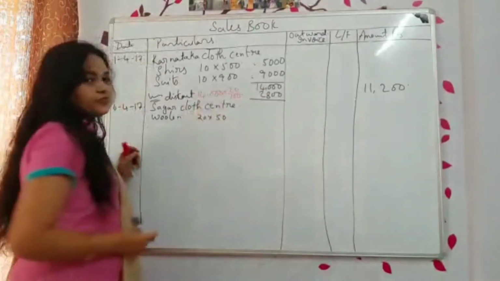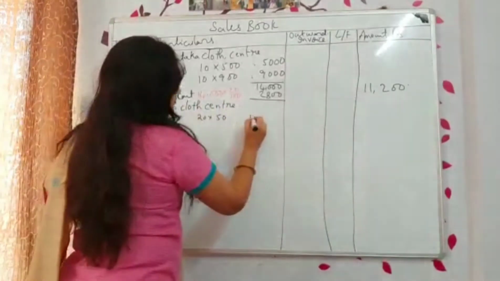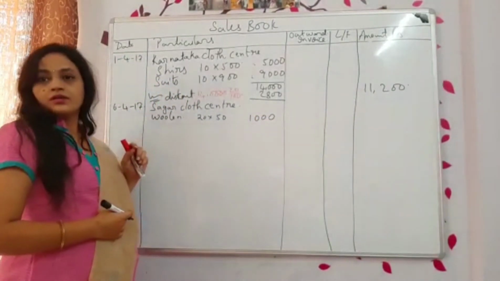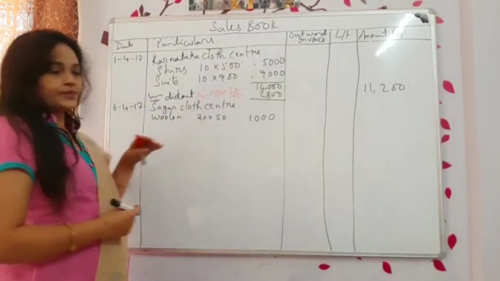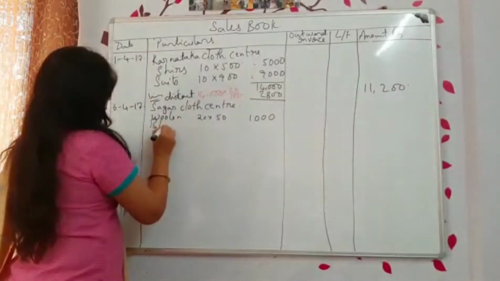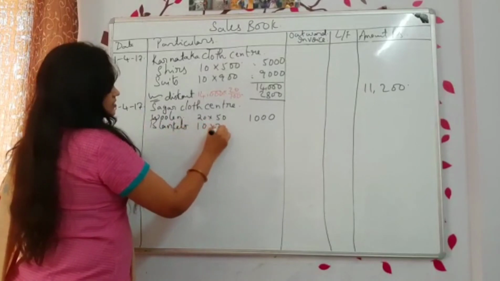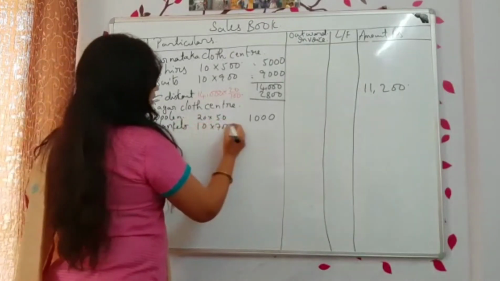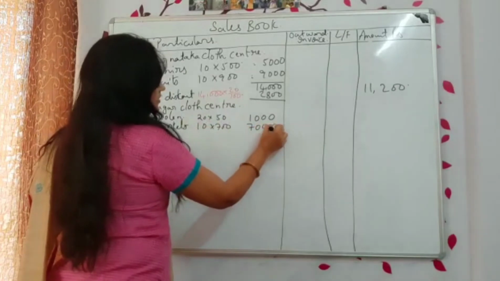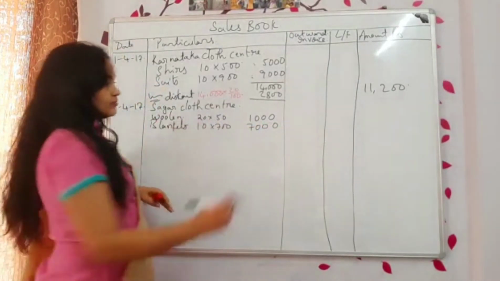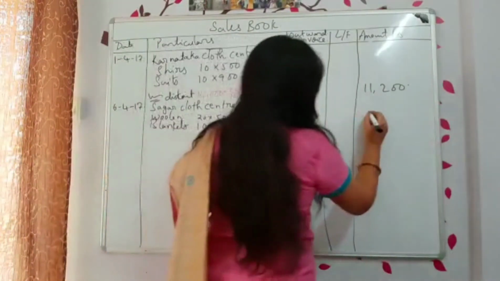So 20 into 50 is 1,000. Next, 10 blankets at 700 each. 10 into 700 is 7,000. Any discounts? No. So write down directly 8,000.